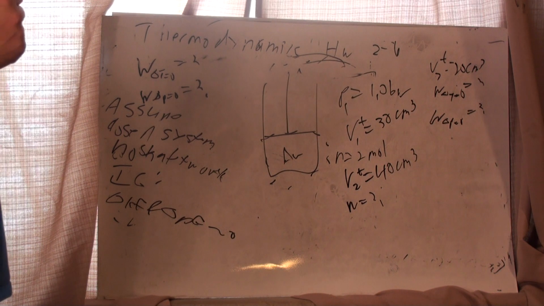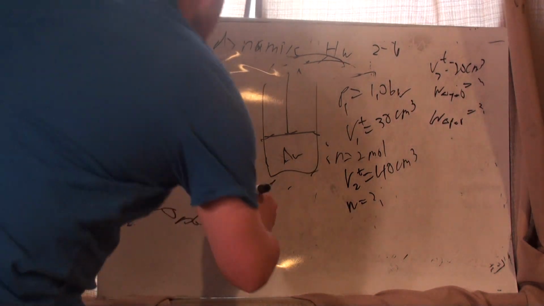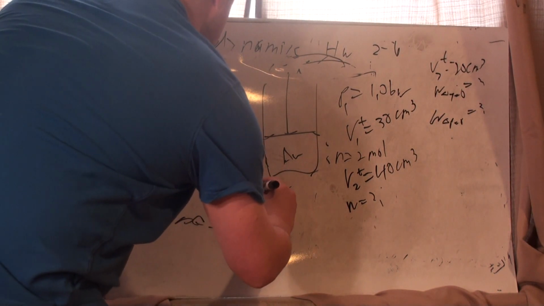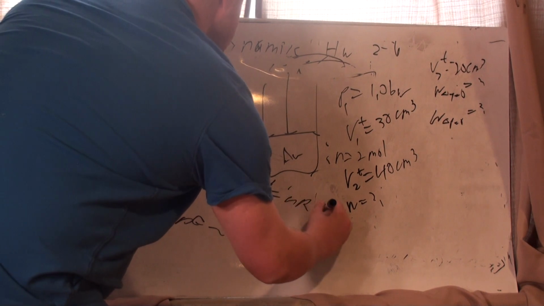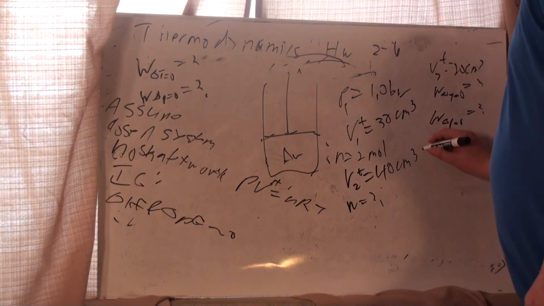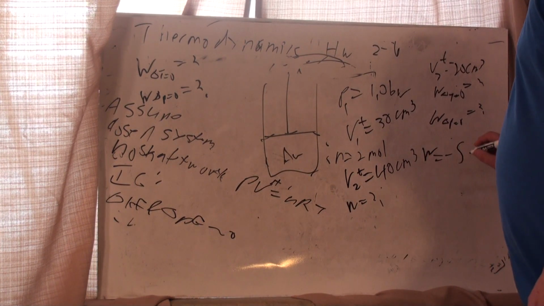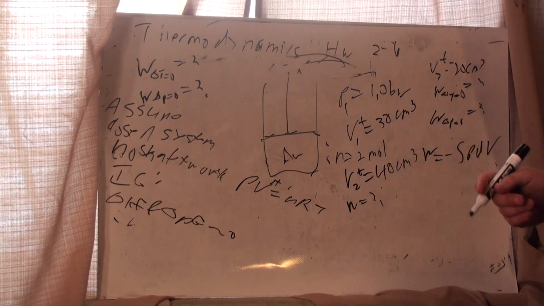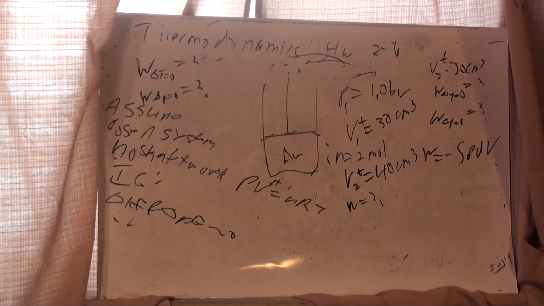Okay. And then I need to write down my equations. Well, I got PV equals nRT. That's an important equation. We also have work is equal to minus P dV. So that seems like all I need to get going on this problem. So now remember, what do I need to do?